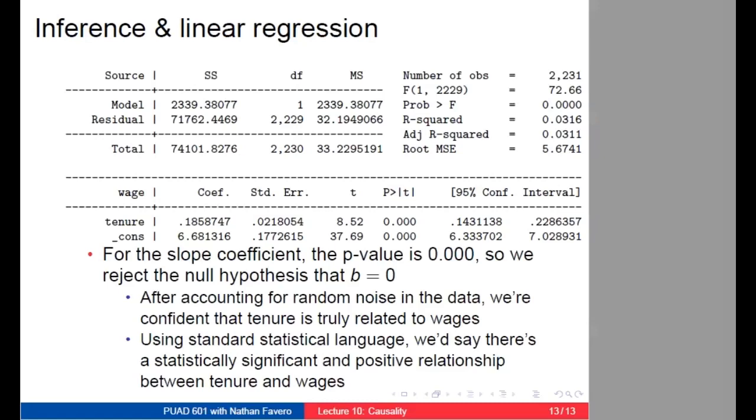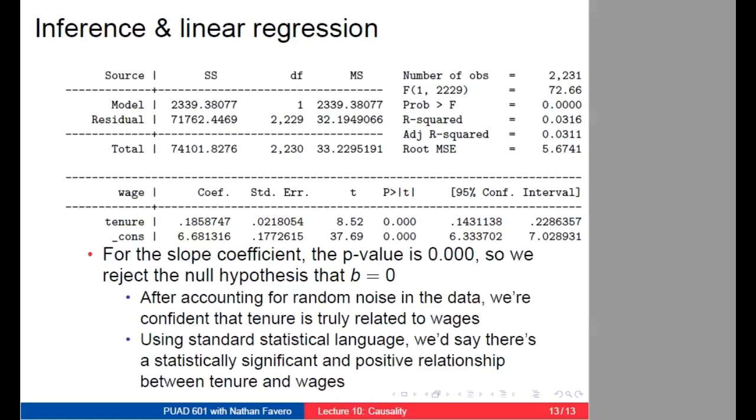Maybe we have a bad reputation with whoever was collecting the data, and so people who had been around long enough to hear about our bad reputation didn't want to talk to us unless they could brag about how high their wages were or something like that. That would be an example of a research design problem that would cause a correlation that might not reflect a real causal relationship between X and Y.